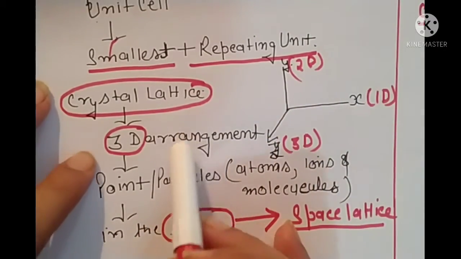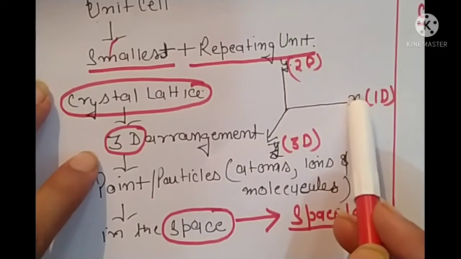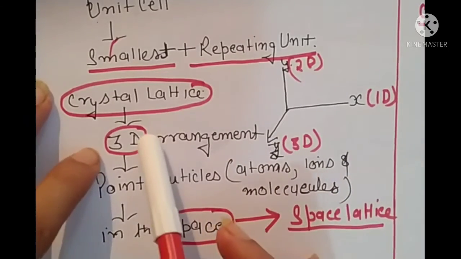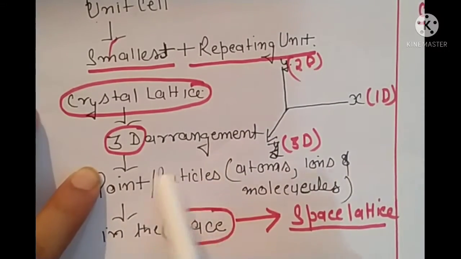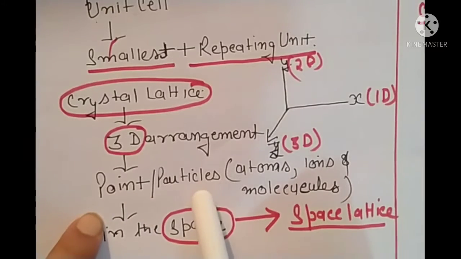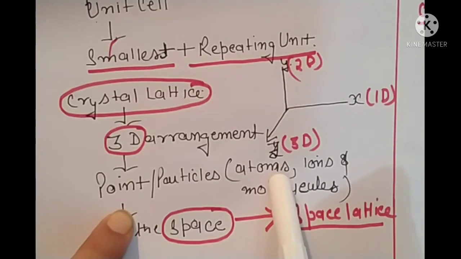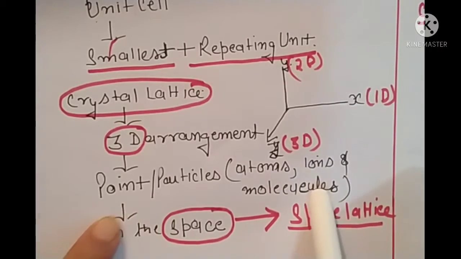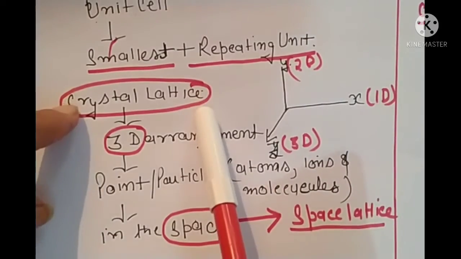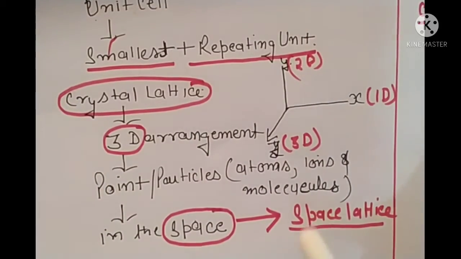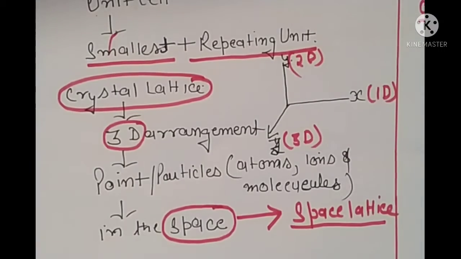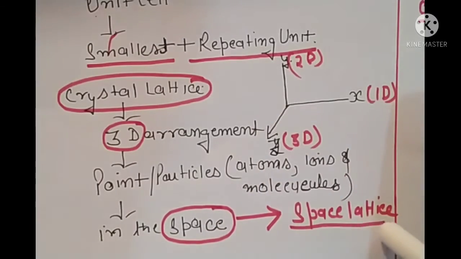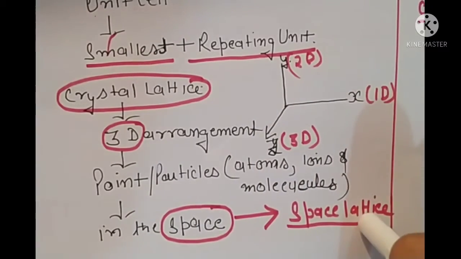So their arrangement around the x-axis, y-axis and z-axis is why this is called a three-dimensional arrangement of particles or points, which may be atoms, ions and molecules. The crystal lattice is also known as space lattice because of its 3D arrangement in space.